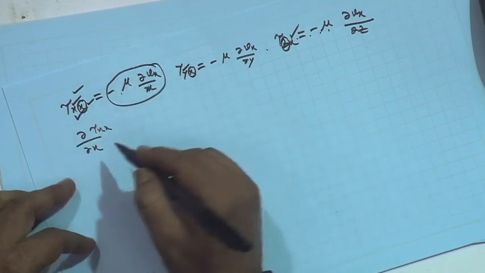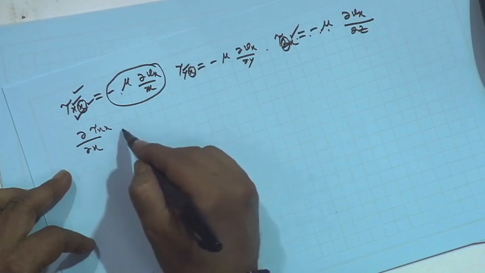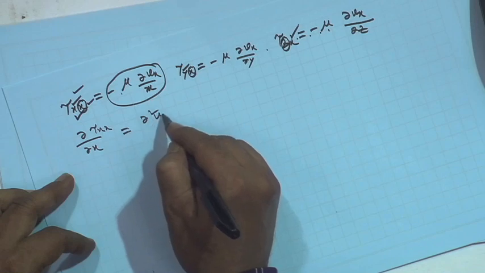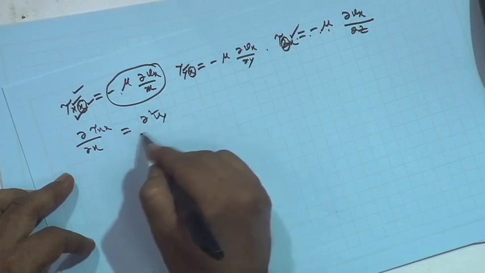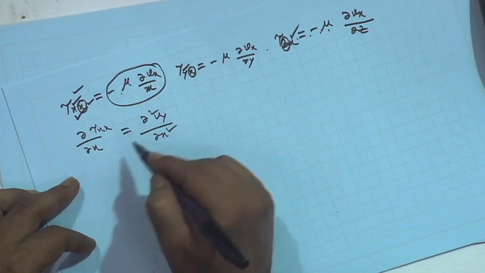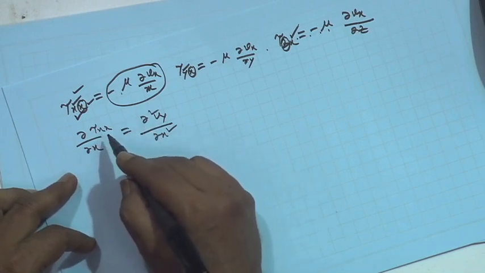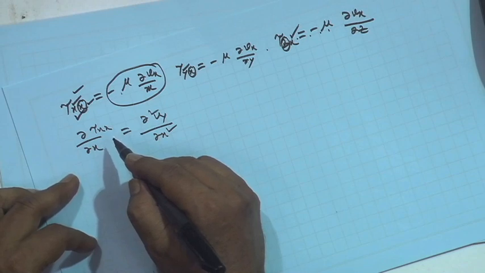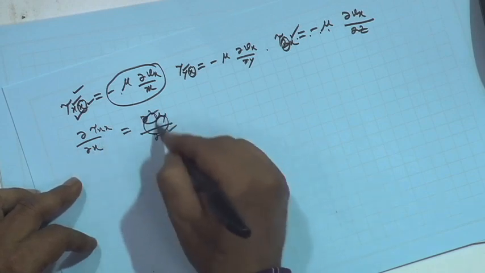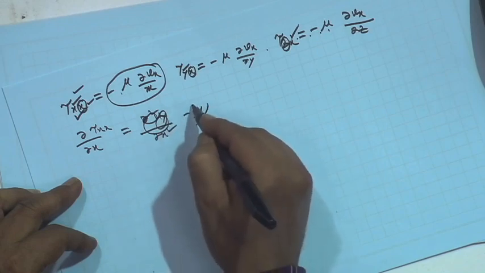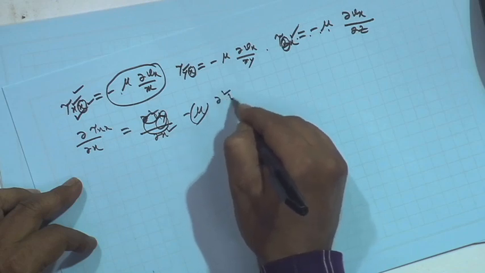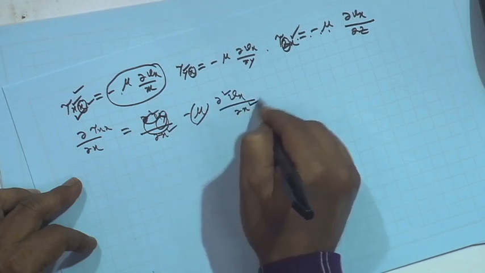So, del x of tau xx is minus mu into del 2 Vx del x square.